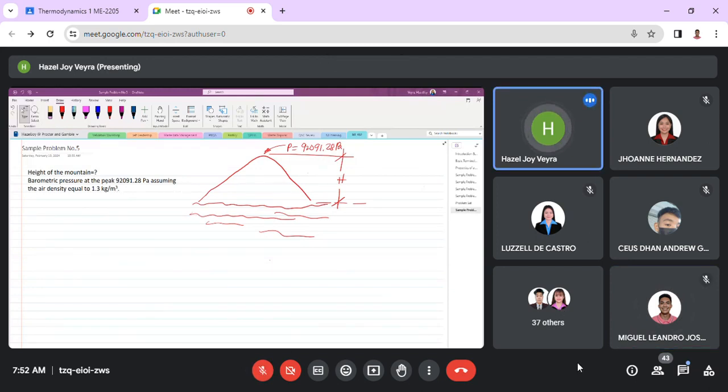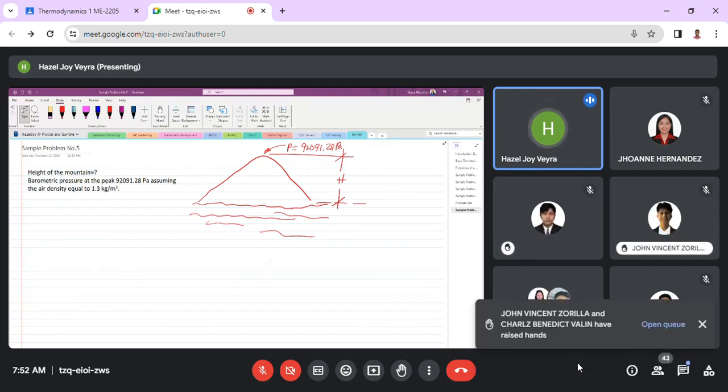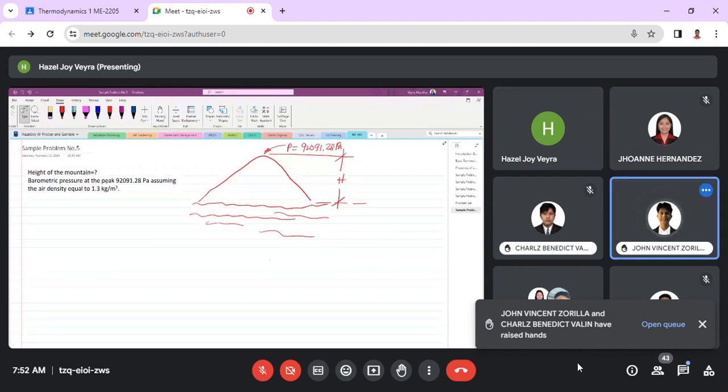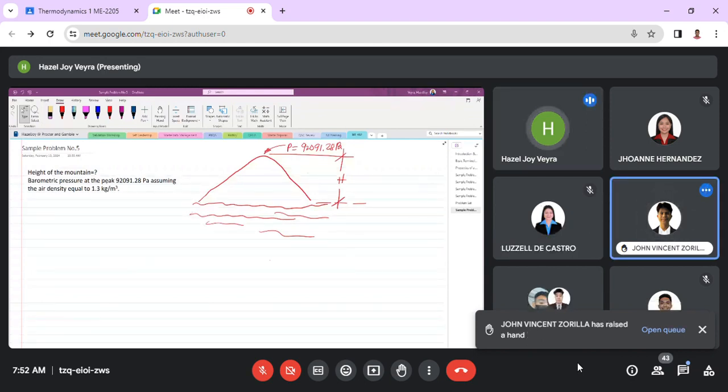Malapit na, but wrong. Pero malapit na. Other answer, yes. John Vincent Zorilla. 724.04 meters po. Again, what's your answer? 724.04 meters po.